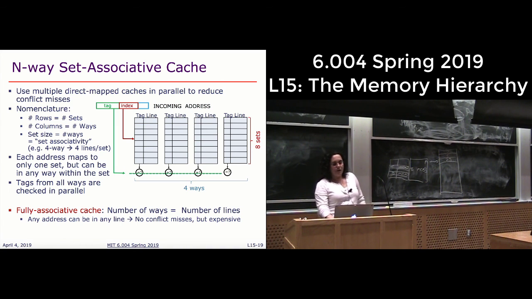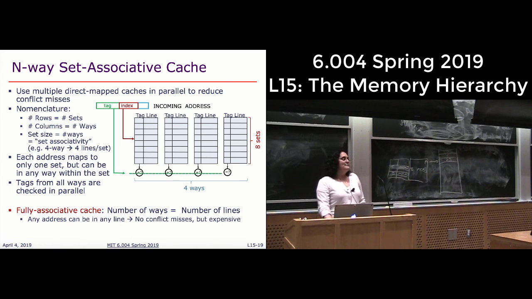When I go to see whether my element is present, I now not only need to compare the tag for one of these caches, but I have to compare it for all 4 of them. So when do I have a hit in this situation? I have a hit if any of the 4 matched the tag that I'm looking for.